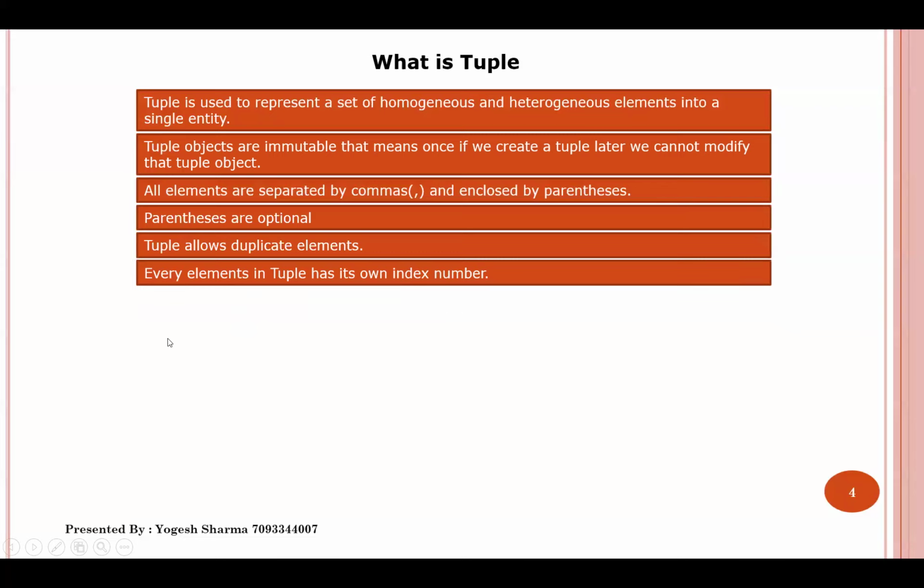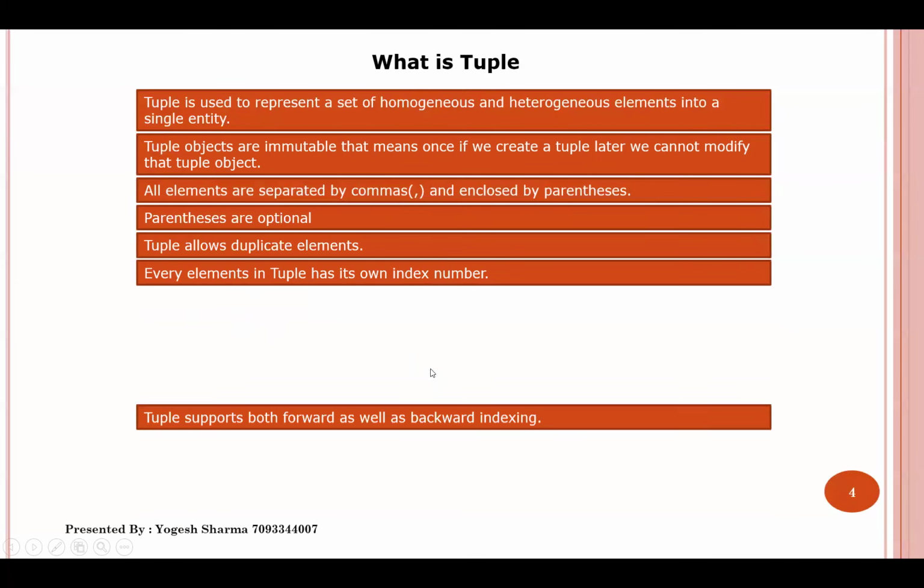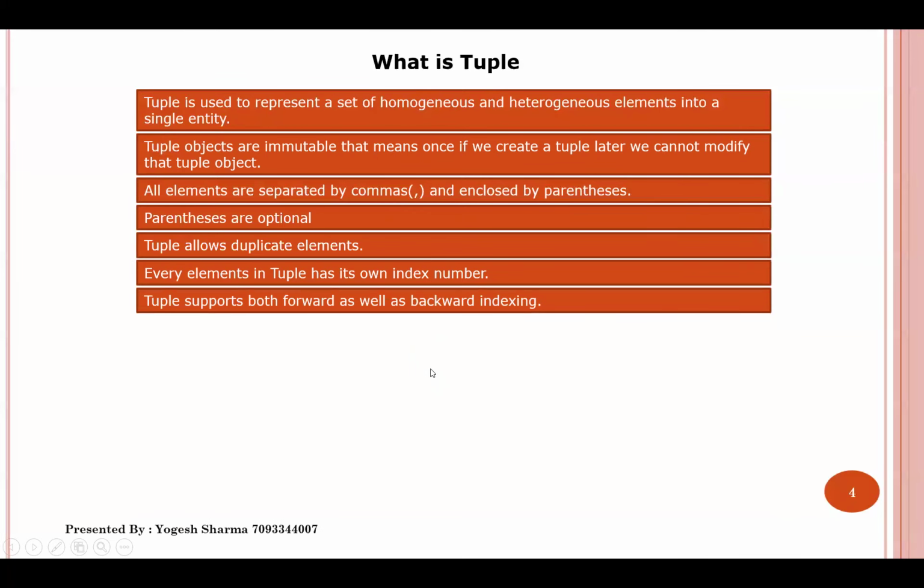Because tuple comes under the ordered sequence, and in an ordered sequence we can access anything with the help of the index number, similarly in a tuple also, we can get the element with the help of the index number. Tuple supports both forward indexing as well as backward indexing.